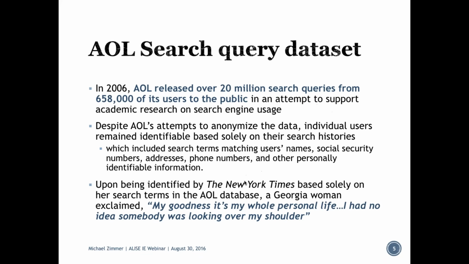The first one you may have heard about, it's been 10 years already, AOL. If you remember AOL, it used to be a powerful search engine, and over many years, AOL released search data to the academic community. There are a lot of scholars, colleagues here at UWM who study search engine logs to understand information-seeking behaviors. AOL gave that data to the community. It just so happened in 2006, it was a little bit more visible that they were giving this data out, and they did a poor job at anonymizing the data.